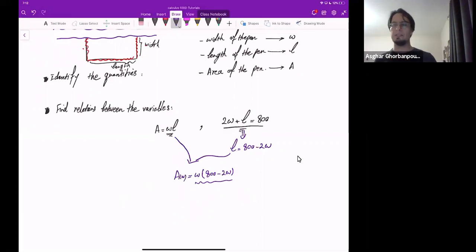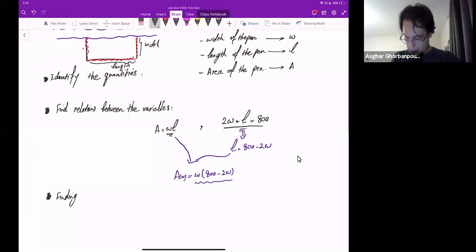I can put any number I like there. But that is a mathematical domain. We have to find the domain for that real situation that we have. So let me find the domain for W here.